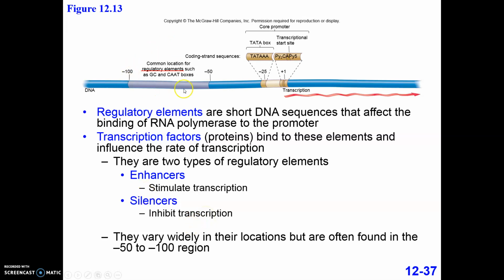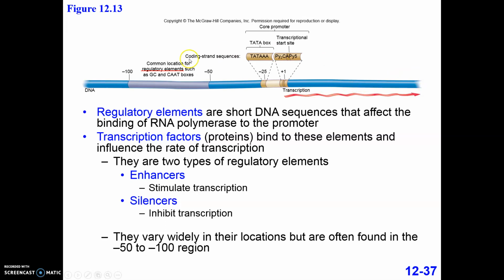Now, we point out this region here as -100 to -50. This is where we usually find at least some regulatory transcription factors and elements operating. But these regulatory elements and regulatory transcription factors can really exist anywhere.